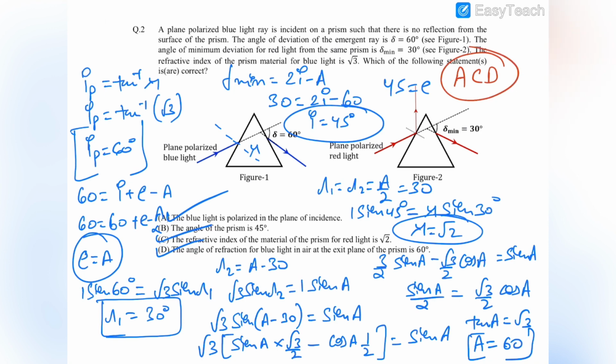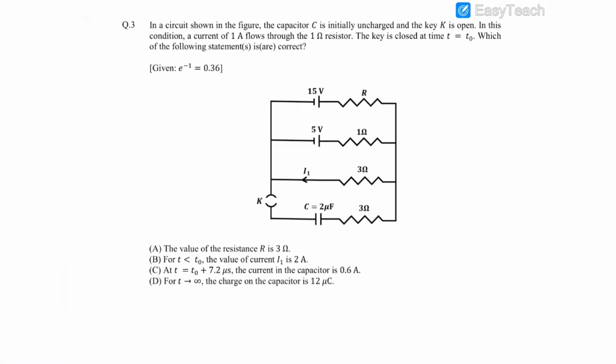Okay, now we move on to the next question. In this question, there is a capacitor whose capacitance is 2 microfarad, and it is uncharged initially, and this key K was open. In this condition, 1 ampere current flows through this resistance, and the key is closed at time t equal to 0.